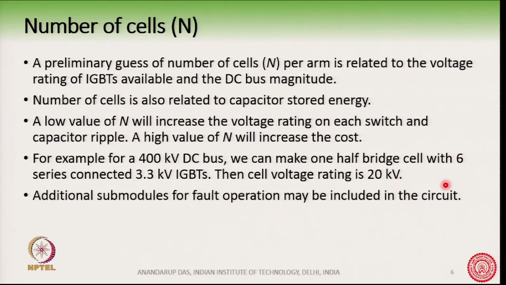So, you will need at least 20 such cells for supporting the 400 kV DC bus. Of course, each cell will have a switch consisting of 6 IGBTs in series in the upper arm, and in the lower part also 6.